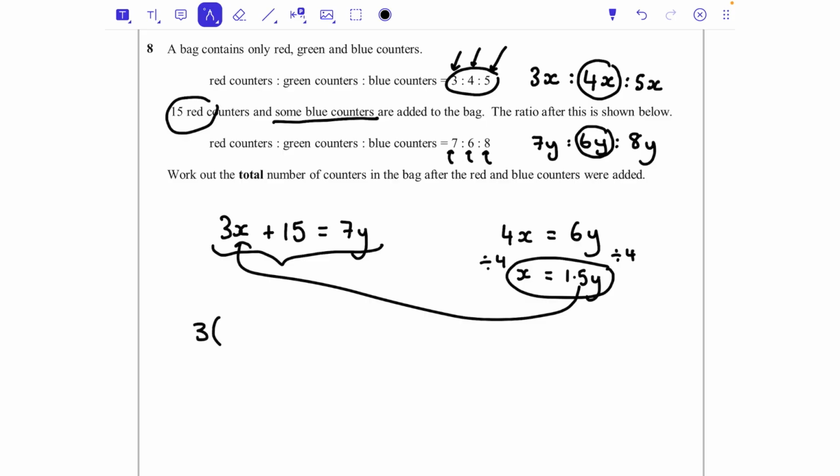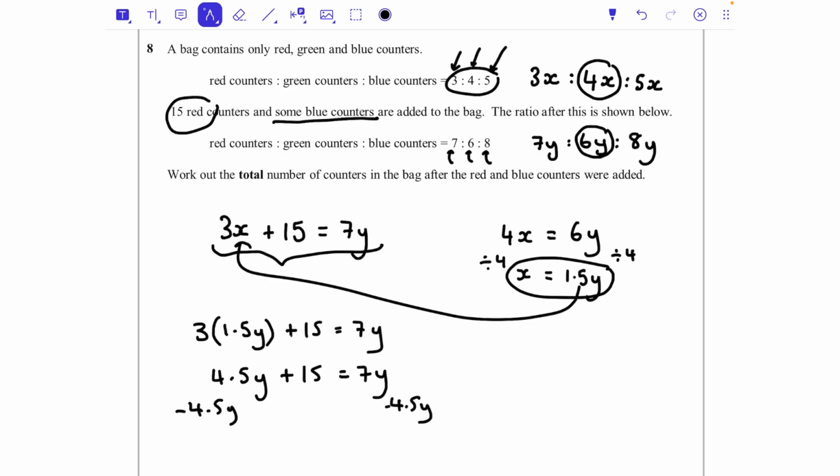So 3 lots of 1.5y, add 15 equals 7y. So 4.5y, add 15 equals 7y. Let's take 4.5y away from both sides. So 15 is 2.5y.